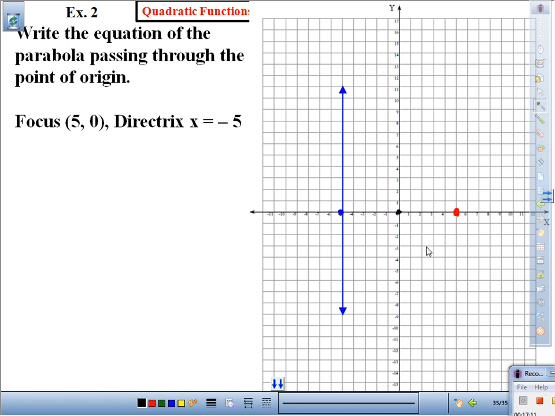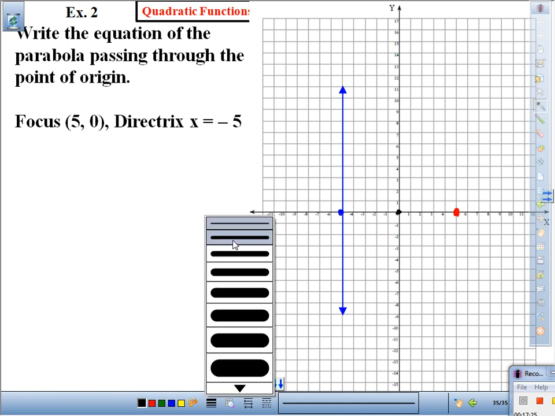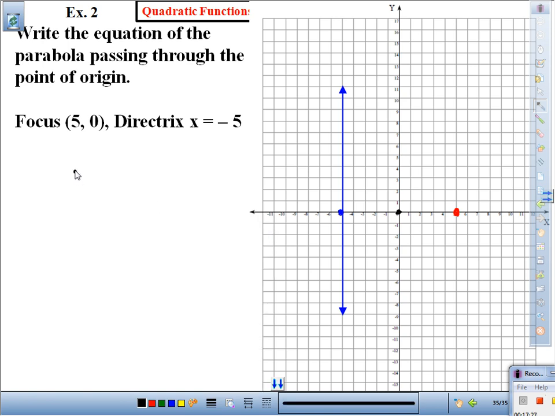Question: which way is the parabola going to open? To the right. You guys see the focus over here? So it's going to open to the right. So what kind of equation are we going to write? For horizontal, is that correct? Therefore, y squared equals 4p of x.